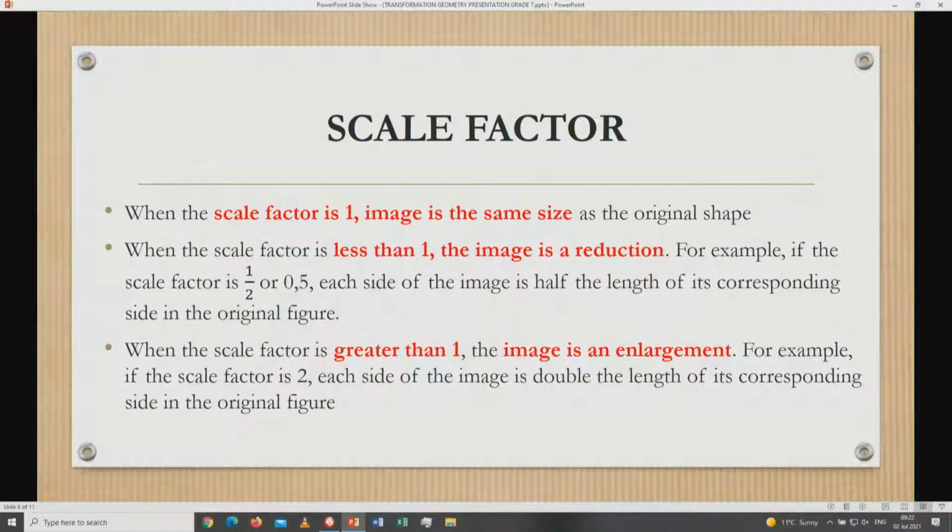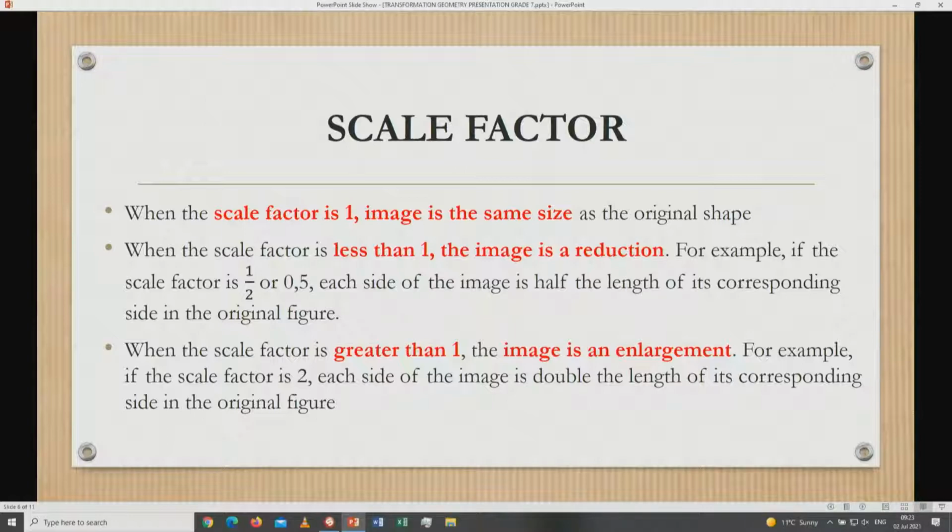The original shape will be bigger than the image because the scale factor is less than 1. For example, if the scale factor is half or 0.5, each side of the image is half the length of its corresponding side in the original figure. It means that it will be less.